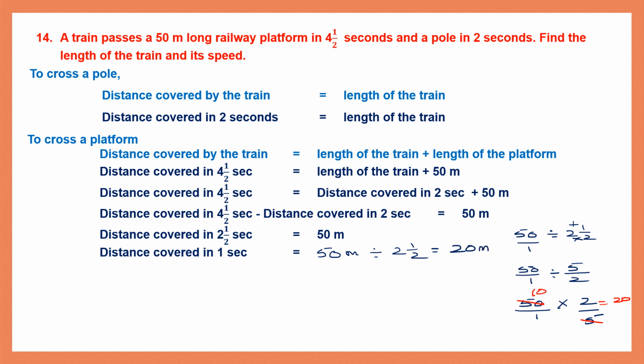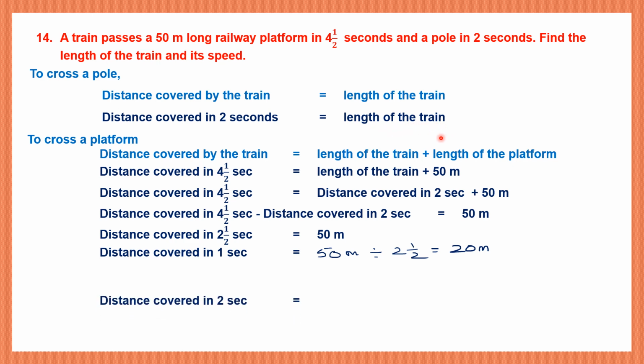We just found out 20. So first we had the distance covered in 2.5 seconds, then we found the distance covered in 1 second is 20 meters. Now if we find the distance covered in 2 seconds, that will be the length of the train. In 1 second it's 20, so in 2 seconds it will be 20 meters into 2, which is 40.